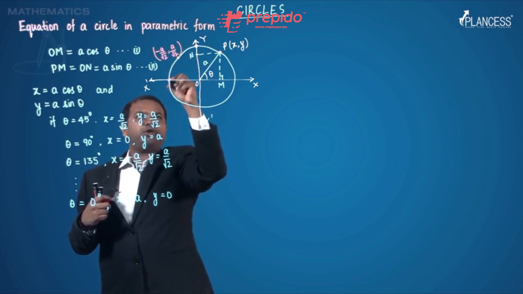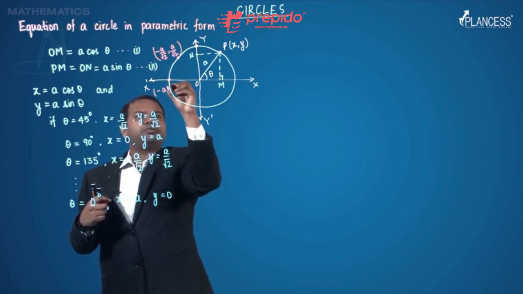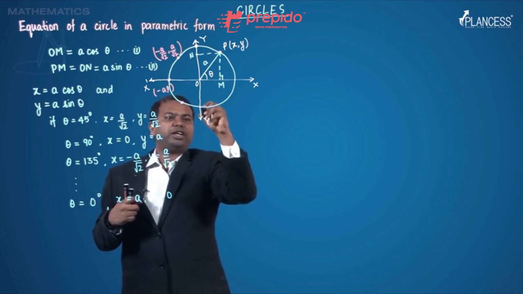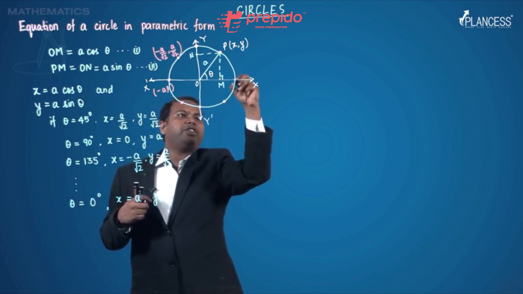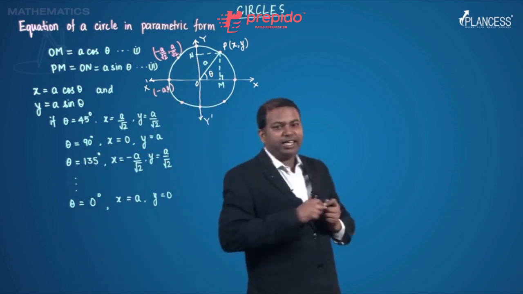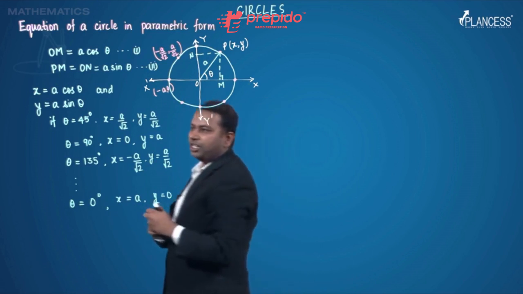Next we have this point, which will be minus a comma 0, and so on. We will get this point, this point, this point and this point. So you see, as we are changing the value of angle theta, we are getting different points and all of them are lying on a circle.